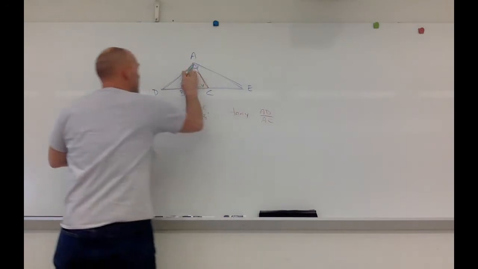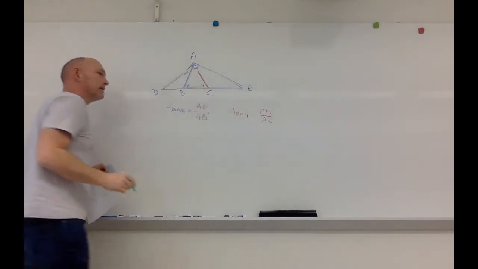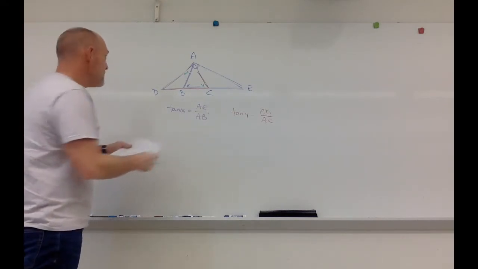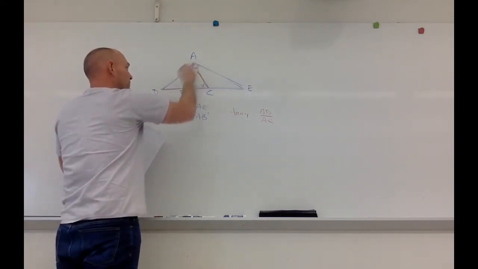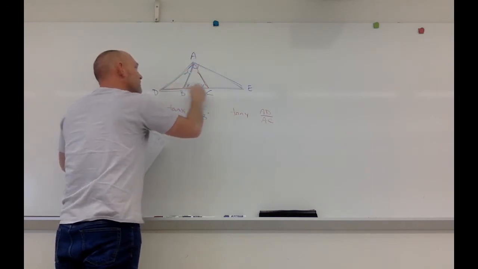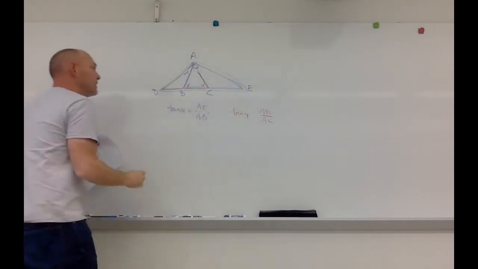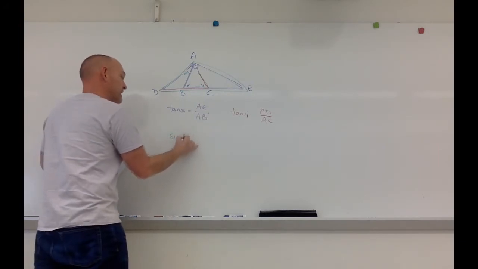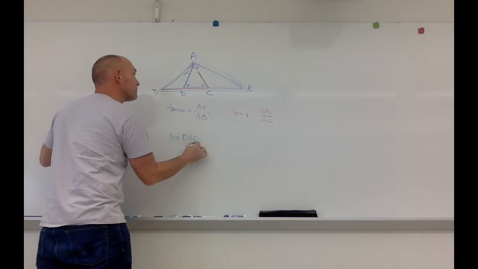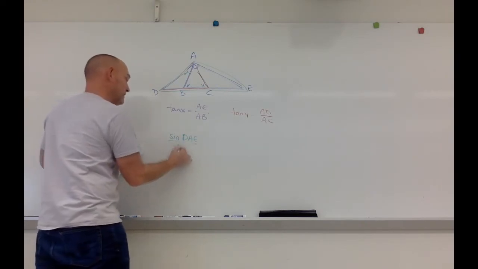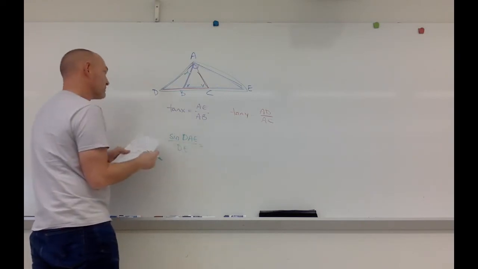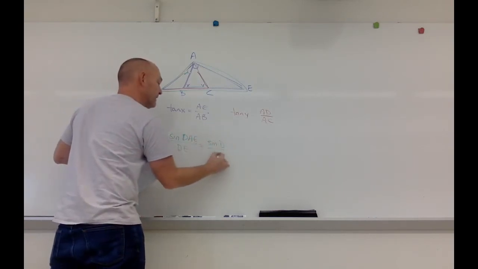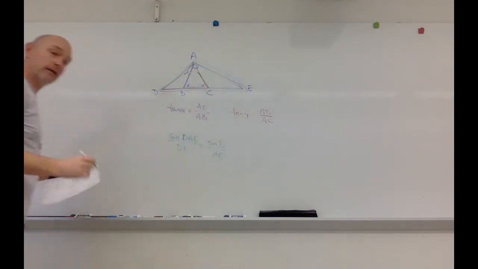I'm going to call this angle alpha, just to help me out. And if I look at this whole angle, the sine of DAE over DE equals the sine of D over AE for that triangle I had in green right there, okay?